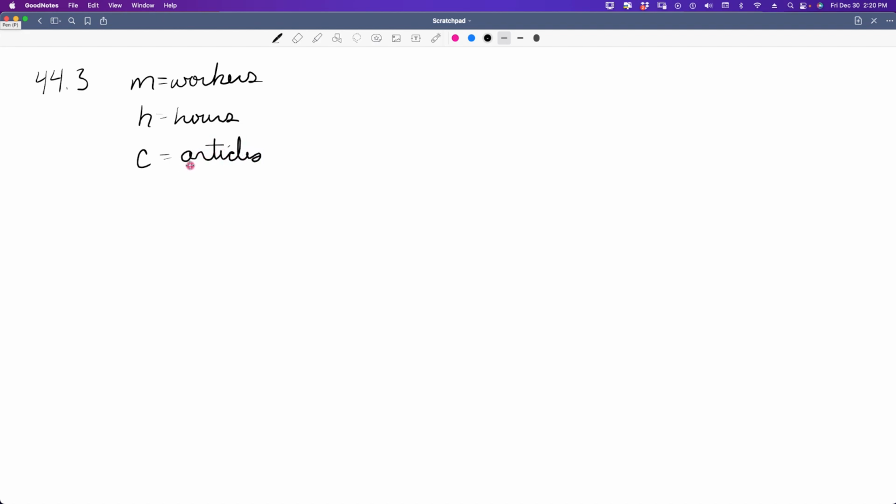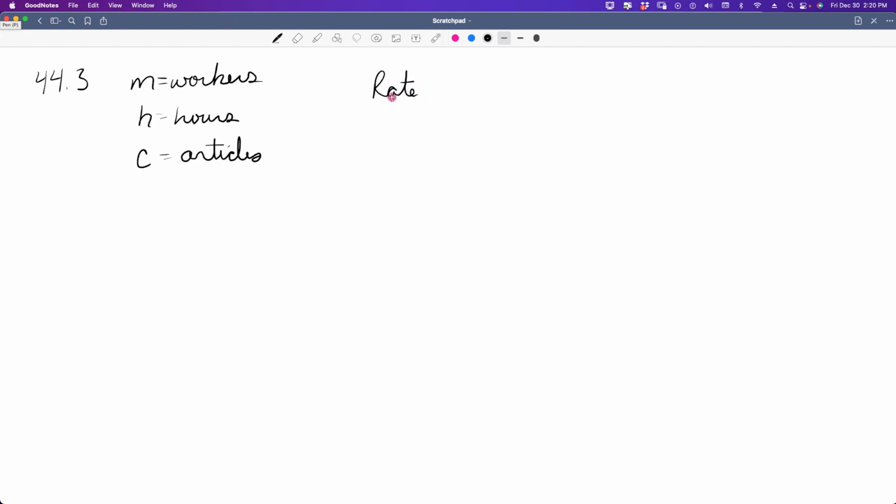From that, we can derive our rate. Our rate in this problem is in articles per worker per hour. However fast they worked, that's our rate.